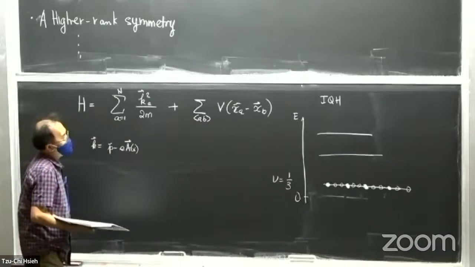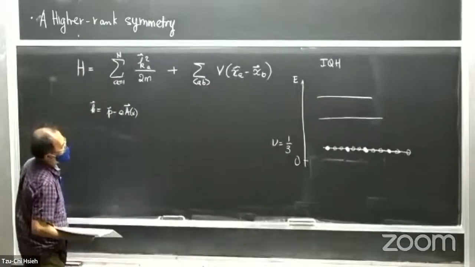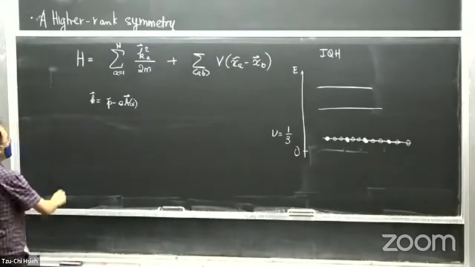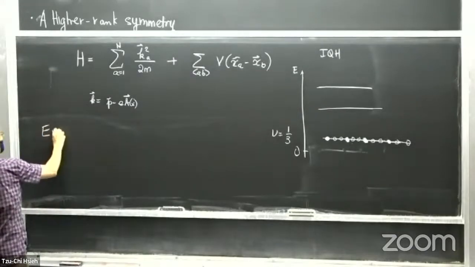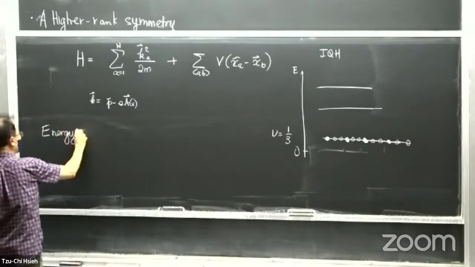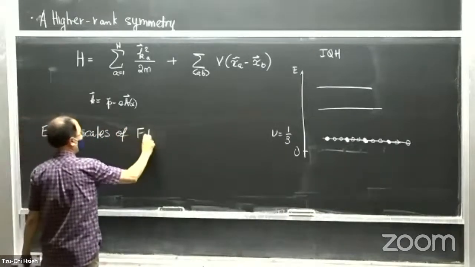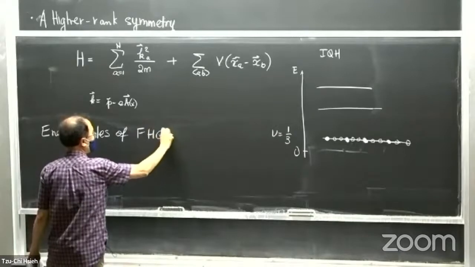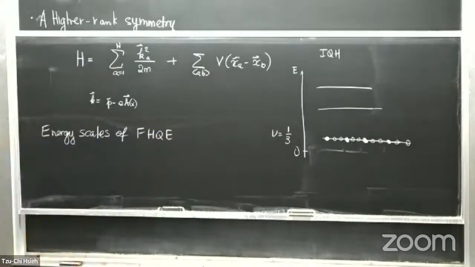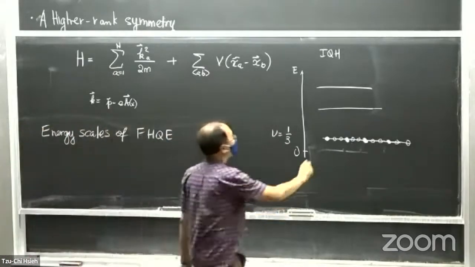Now, let's discuss the two energy scales in the problem of the fractional quantum Hall effect. One energy scale is the distance from one Landau level to the next.